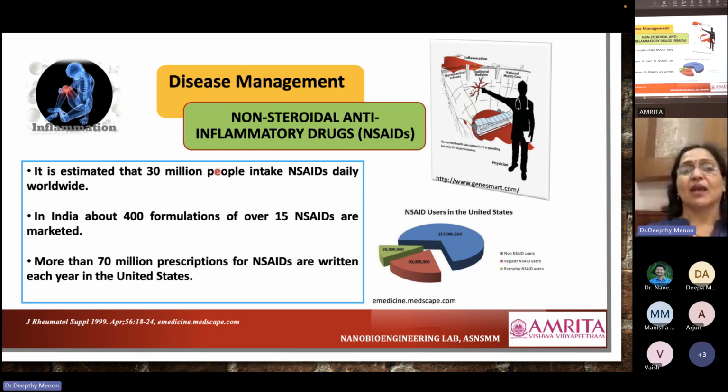Imagine the use. 400 formulations of over 15 non-steroidal drugs are marketed. 70 million prescriptions are written each year in the US alone. All of you might be familiar: aceclofenac, diclofenac, Brufen, Voveran. A lot of drugs like this are in the market. Doctors prescribe many of these.